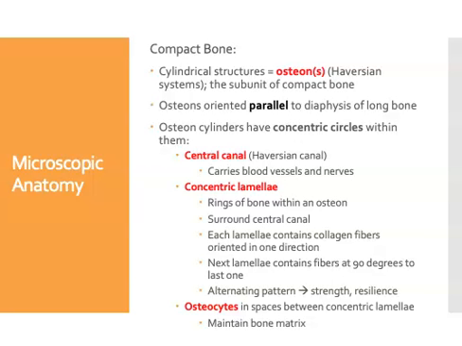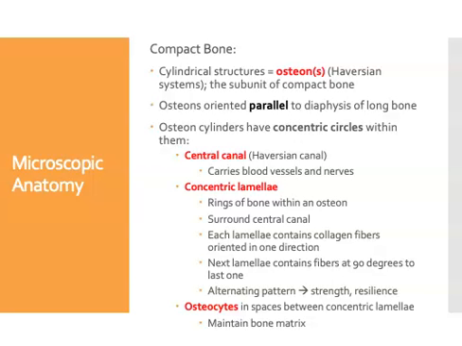The osteons are oriented parallel to the shaft of a long bone, so they're parallel to the diaphysis of the long bone. And each of these osteons, each of these cylinders, is made out of concentric circles of bone.